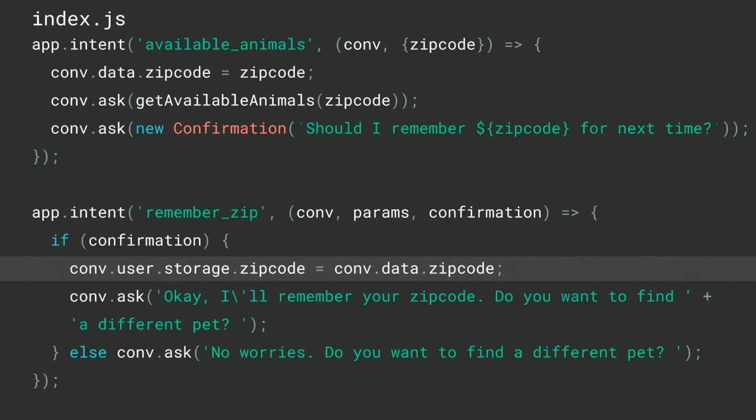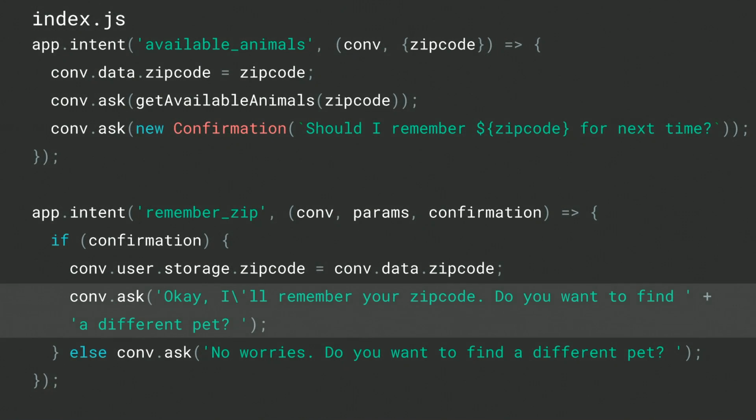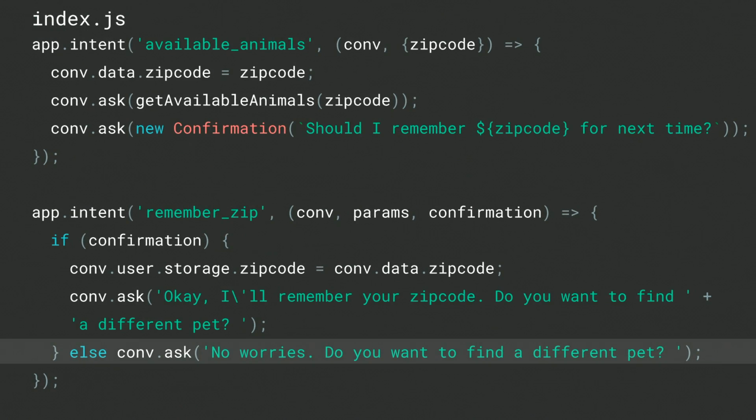That is long-term storage where it's going to be saved over multiple conversations. So if I talk to Cathy once and I save her zip code, the next time I talk to Cathy in 3 weeks, I will still have her zip code. So this is long-term saving. And then, of course, I'm going to acknowledge the user, saying, OK, I'll remember that, and continue the conversation. And of course, we don't want to forget that if the user says no or they declined, we will acknowledge that, say no worries, and then continue the conversation as well.